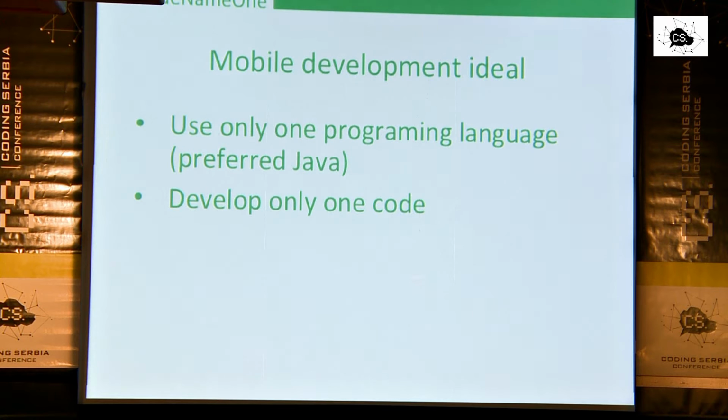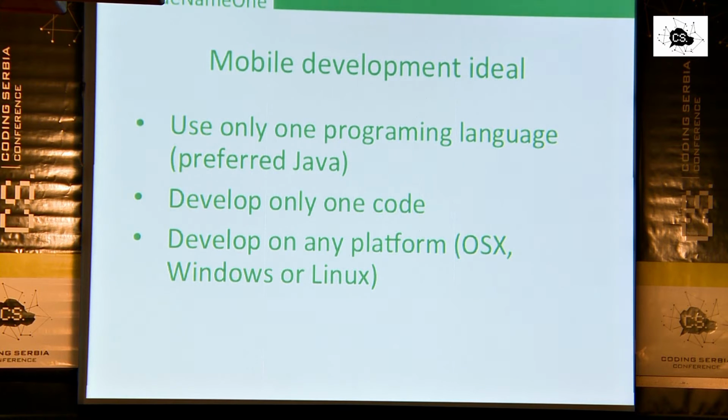First, I want just one programming language, and I prefer Java. And then I want to develop only once. Not to make different code for different platforms, etc. I want to write the code only once, in Java. And I like to develop on different platforms.